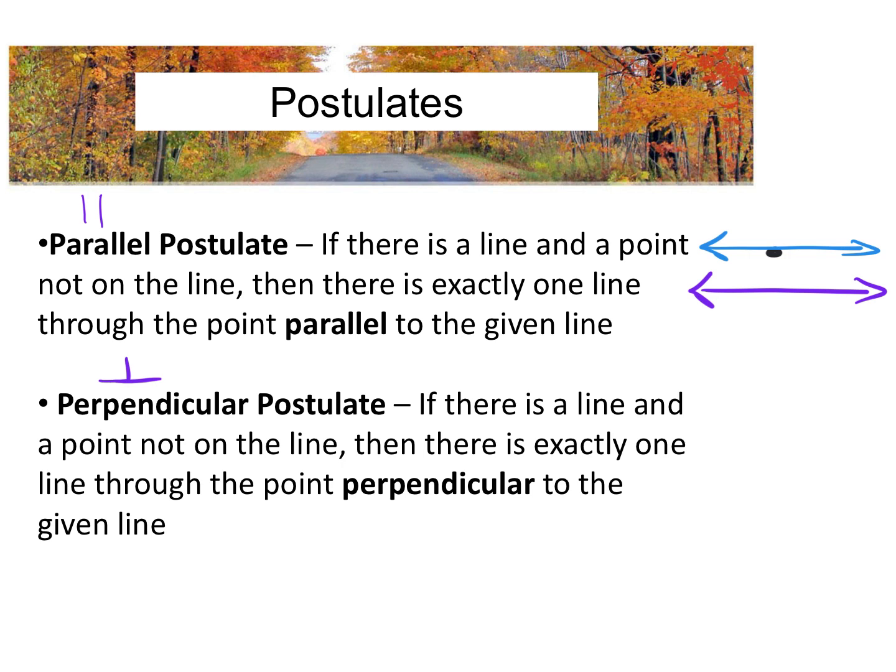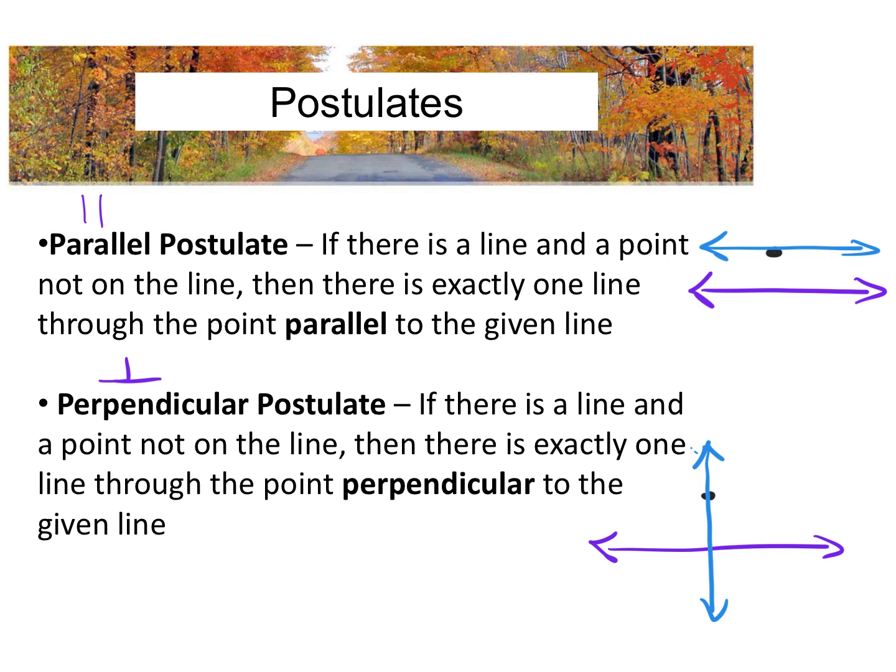So you can always only draw one parallel line through a point not on the line. Then for the perpendicular postulate, same thing. Draw your one line and then the one point. Then I can draw exactly one line that would be perpendicular to my original drawn purple line.